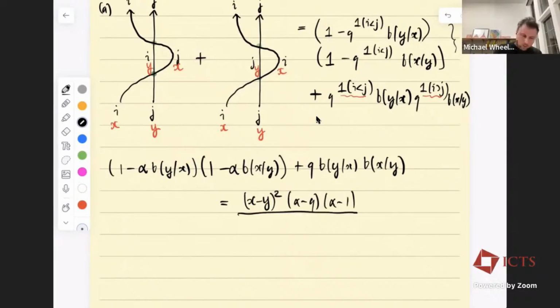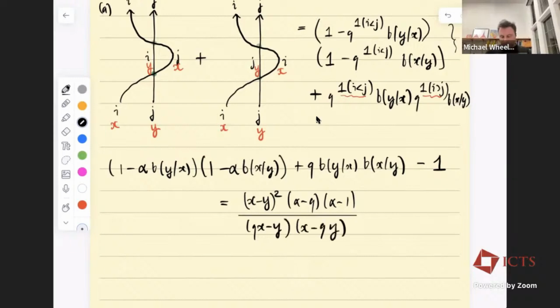We don't care too much about what it is, actually. Oh, I'm sorry, I've missed a minus 1 here. The minus 1 is important because we want to prove that all of that is equal to 1. So if you subtract off 1, you better get something which is equal to 0. So you get this.